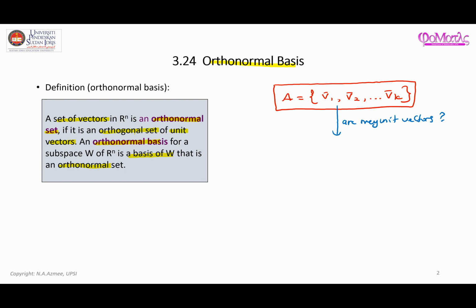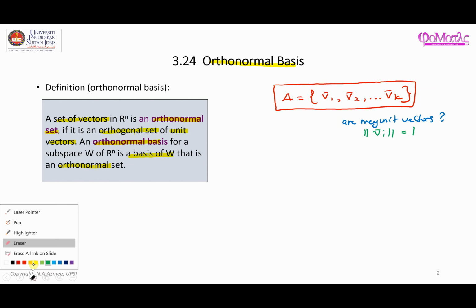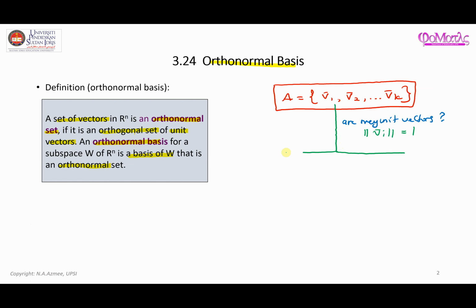The meaning of unit vectors is that if you find the magnitude of each of these vectors, the magnitude is equal to 1. So are they unit vectors? There can be two answers to this question: yes and no.